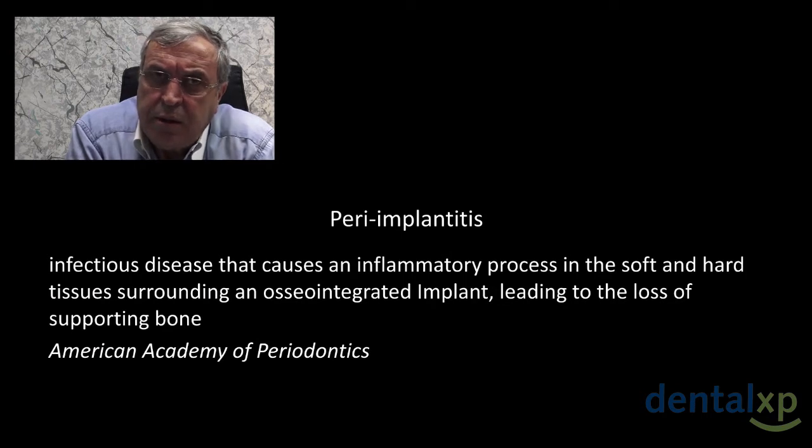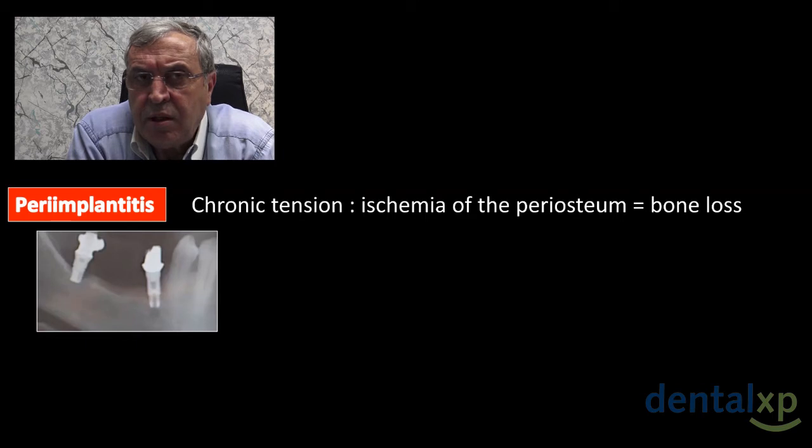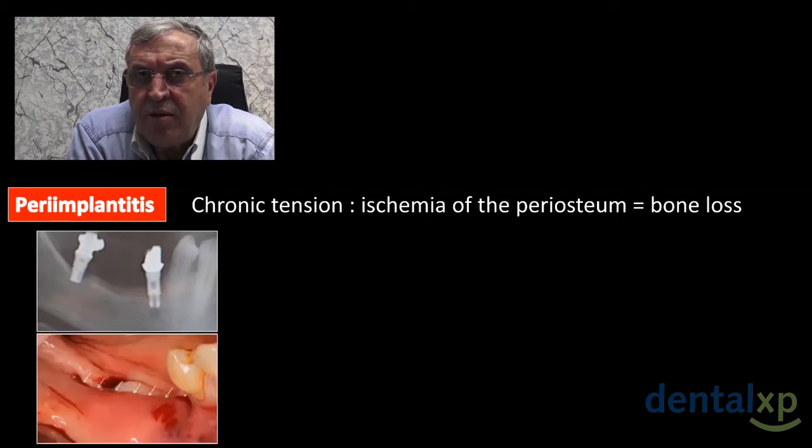Peri-implantitis, they say that it's an infectious disease. From the biological point of view, it's not the main problem. The main problem when you meet a peri-implantitis is that maybe there is a high tension which induces the bone resorption.